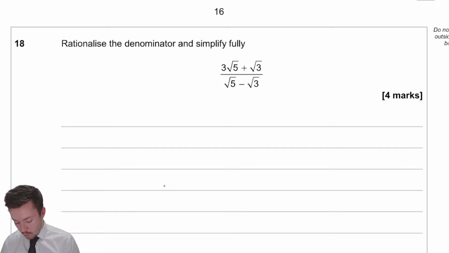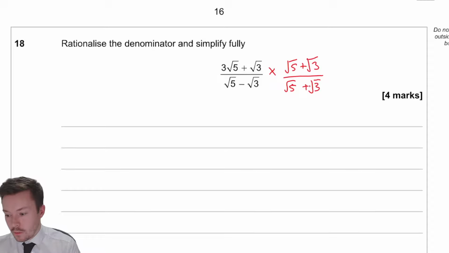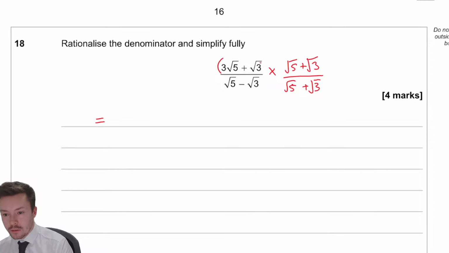Okay. What we need to do here is rationalize the denominator by timesing by the conjugate. So we need to times by root 5 plus root 3 over root 5 plus root 3. Now we need to expand this as if we're expanding double brackets.